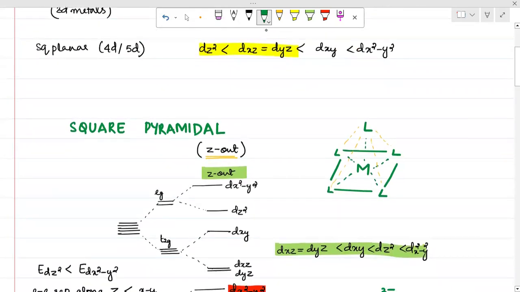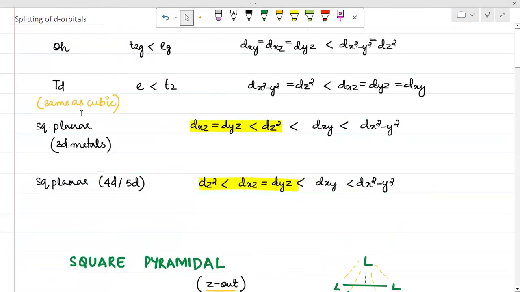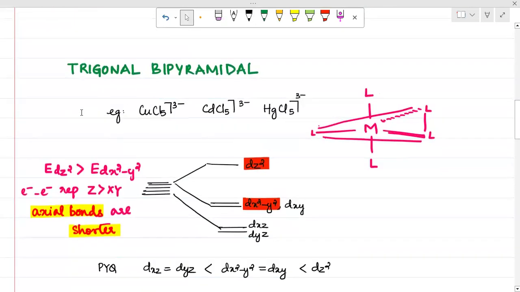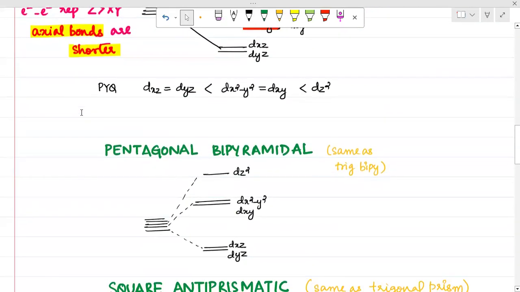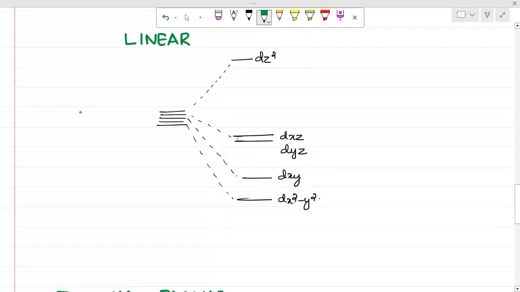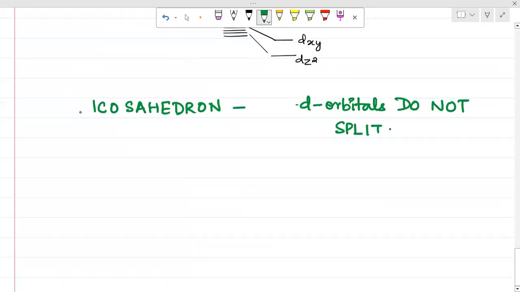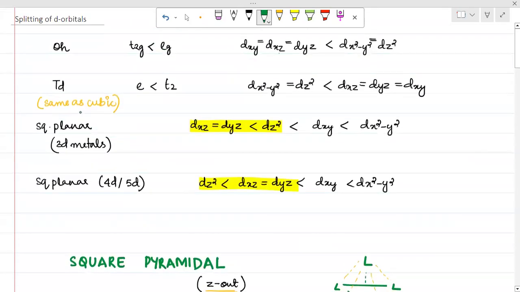I have already given some relations, like square pyramidal is same as Z out. Tetrahedral and cubic have got the same structures. Trigonal bipyramidal and pentagonal bipyramidal are the same, which I've already written over here. Square antiprismatic and trigonal prism are the same. Linear has got something else. All these you will have to relate. It's actually easy if you revise it a couple of times.